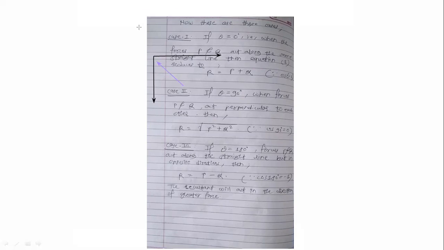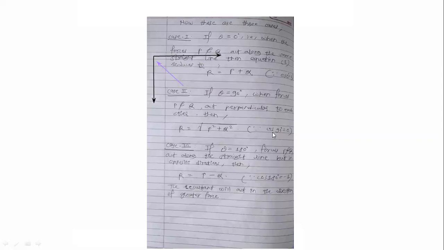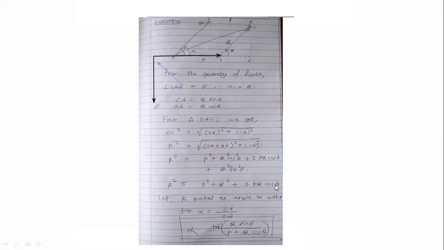Now if the angle between these two forces is 90 degree, then cos of 90 will be equal to 0. So therefore again in the previous formula you put cos of 90.